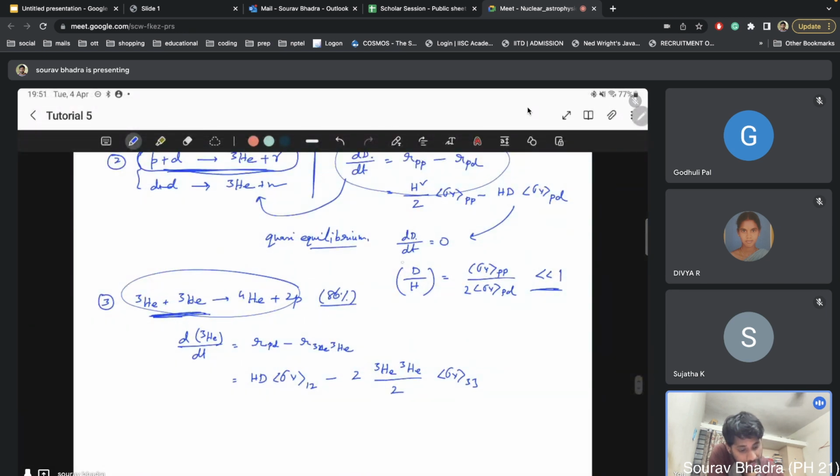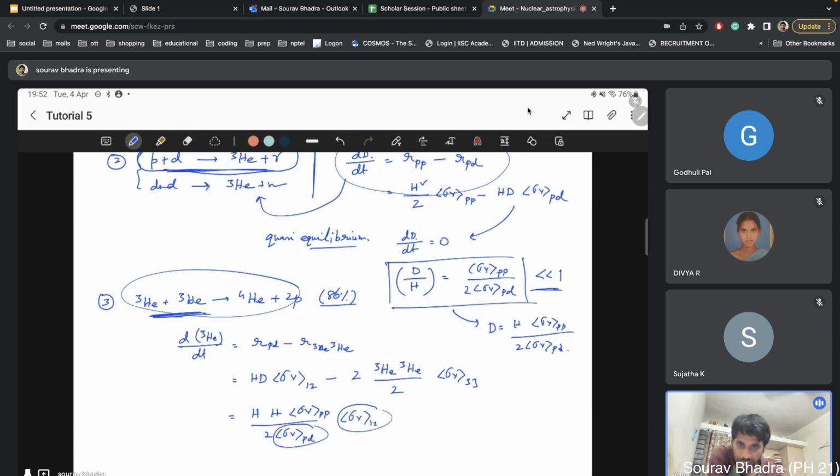Now, from the expression which we calculated for the second step, the step before the third step, D can be expressed in terms of H, right? D will be H sigma V Pp by 2 sigma V Pd. So we will put that instead of D. Sigma V 1 2 and sigma V Pd are the same, because I am writing 1 for proton, 2 for deuterium, so this will cancel out.